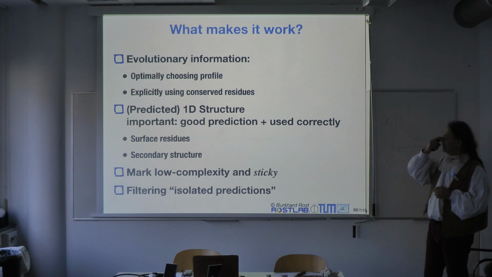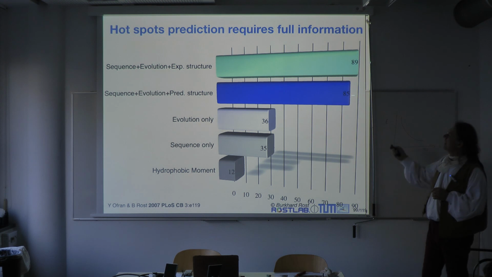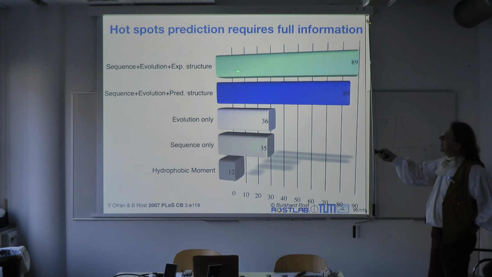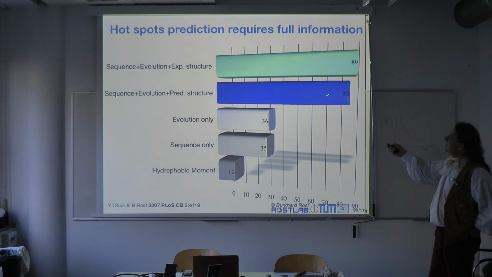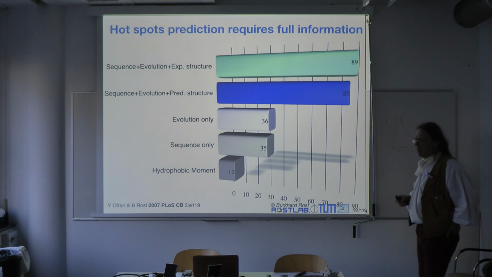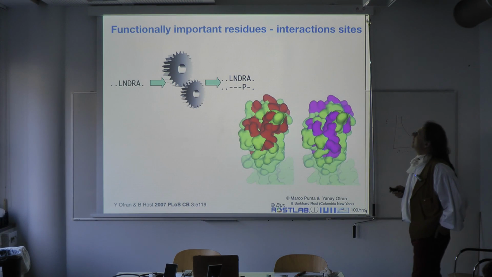What is the most important thing? This is how well it does using the experimental structure. This is how it does using sequence evolution plus predicted structure, evolution only, hydrophobic moment only, sequence only. So you see how much different aspects contribute to the hotspot prediction.